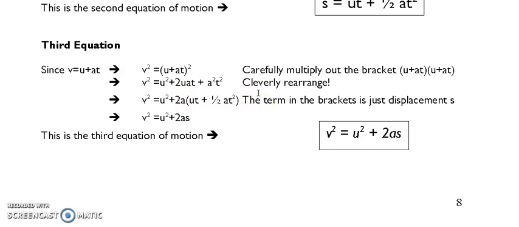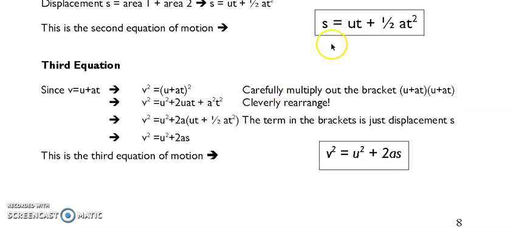Okay, if I now go back to equation 2, we can see that s equals ut plus a half at squared. And if we look at the term in the brackets here, it's also equal to ut plus a half at squared. So rather than writing all of that, we can just write s. So the third equation of motion is v squared equals u squared plus 2as, as shown here.